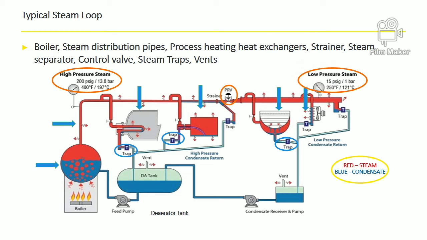After doing its role, all the steam will get converted into condensate, which is shown by blue colored lines. Through the traps, all this condensate will go to deaerator tank. Deaerator tank's purpose is to remove the air or non-condensable gases, and after that the condensate will return back to boiler.